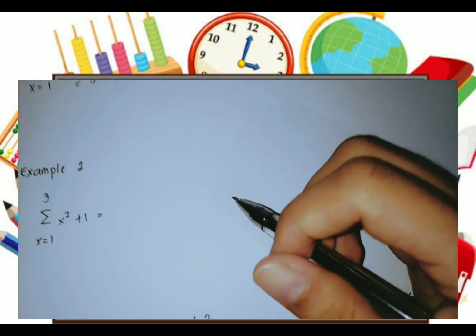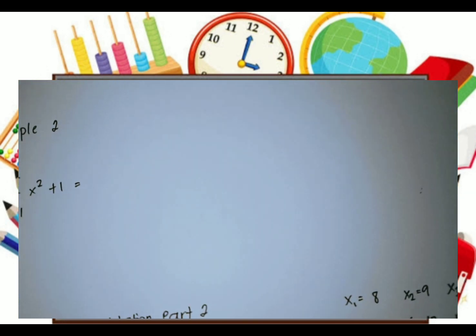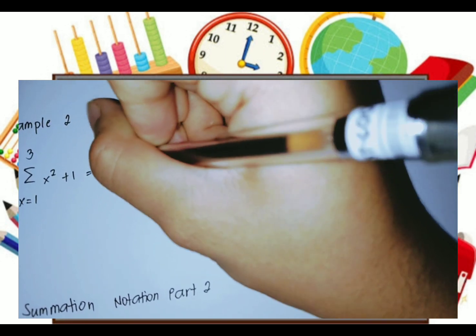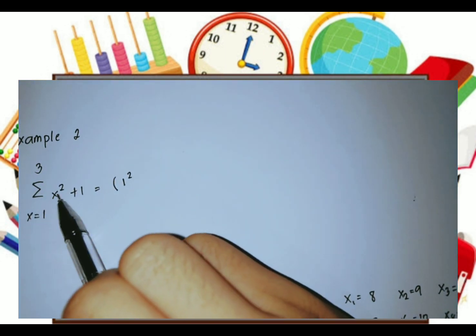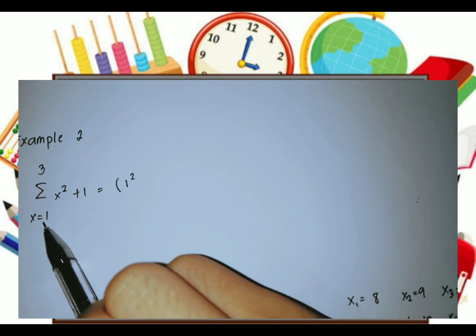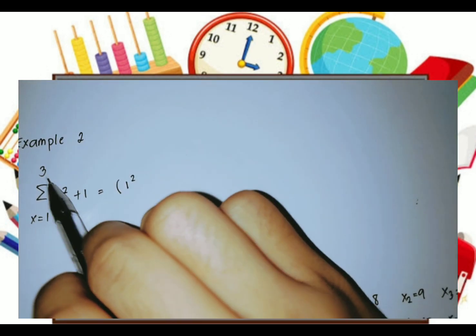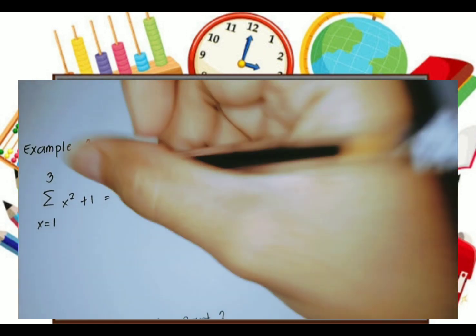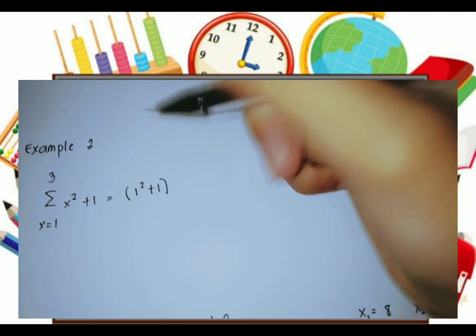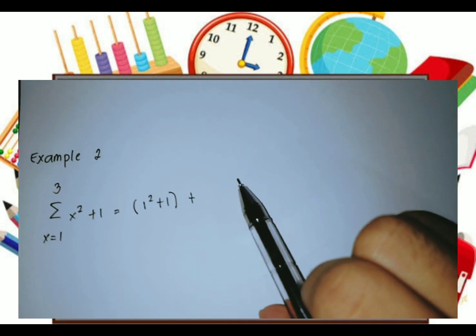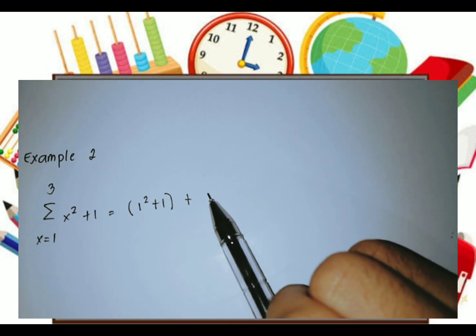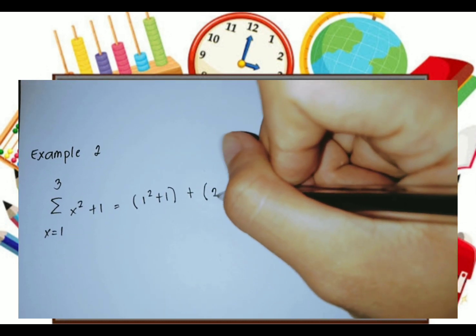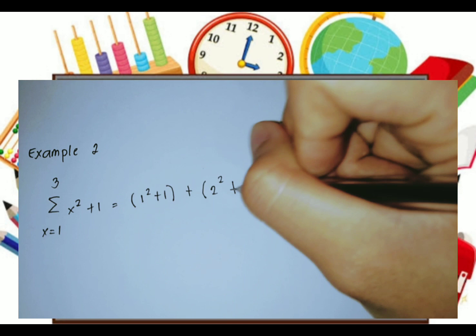We will use quantity 1 squared. The x, we will change it from our lower limit until we come up to our upper limit. So 1 squared plus 1. Now we will add our second term, which is quantity 2 squared, plus 1.